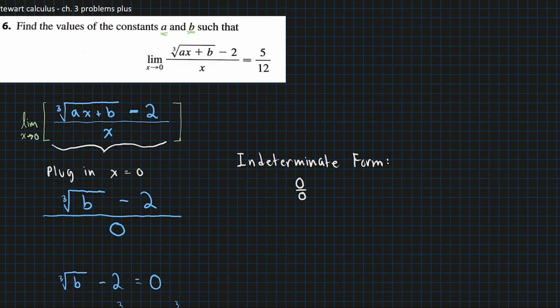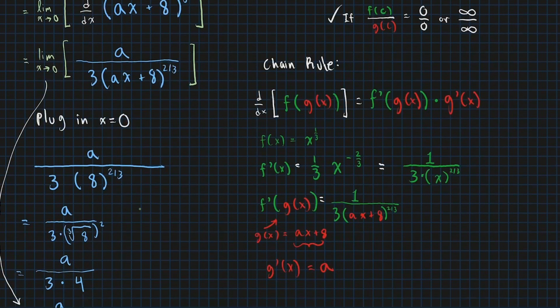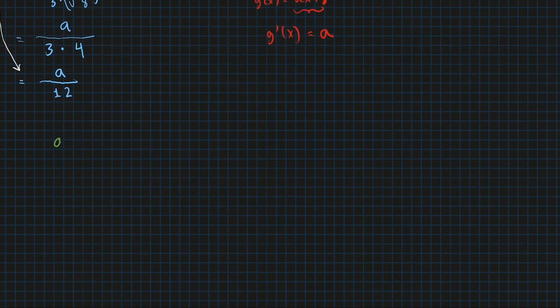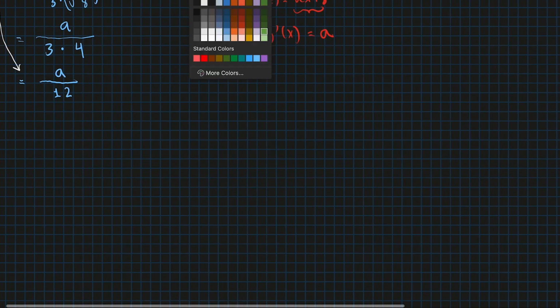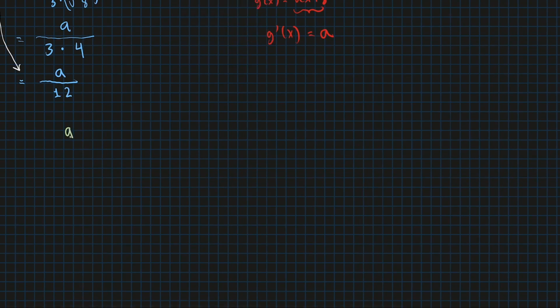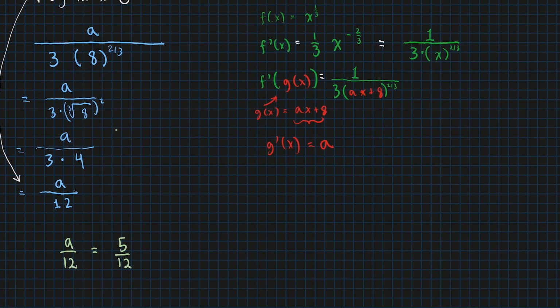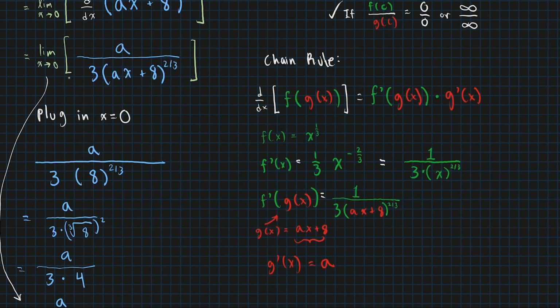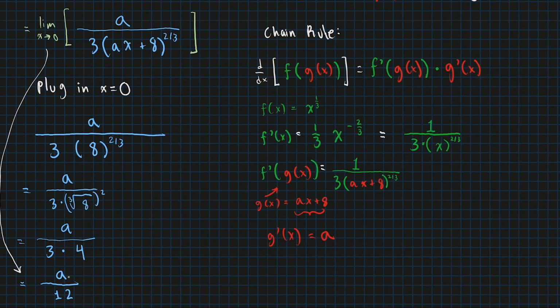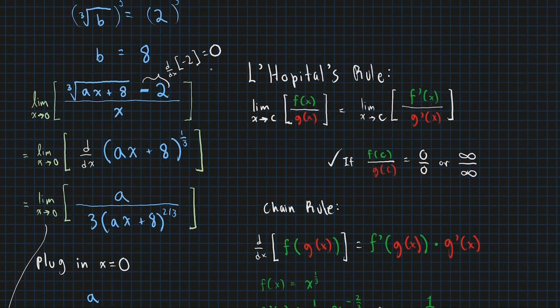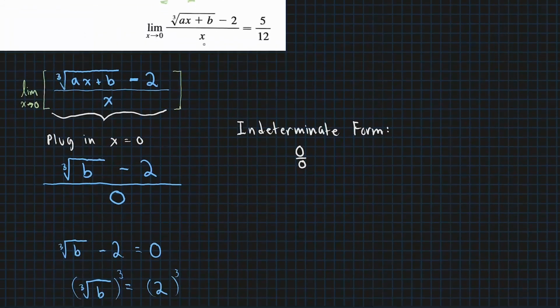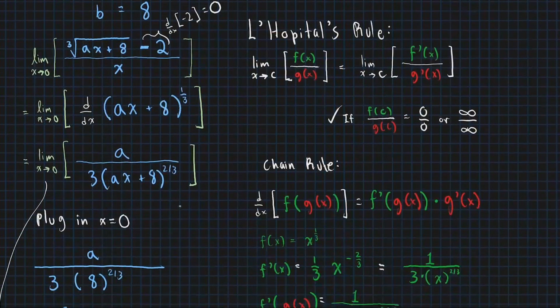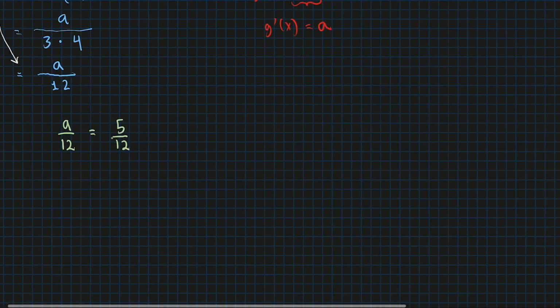So what equation can we make from this? We can say that a over 12 is equal to 5 over 12, right? We use L'Hopital's rule to get this expression, and we know that our limit has to be equal to a over 12. And based on what they gave us, they literally told us the limit has to be equal to 5 over 12. So that's how we came up with this expression.